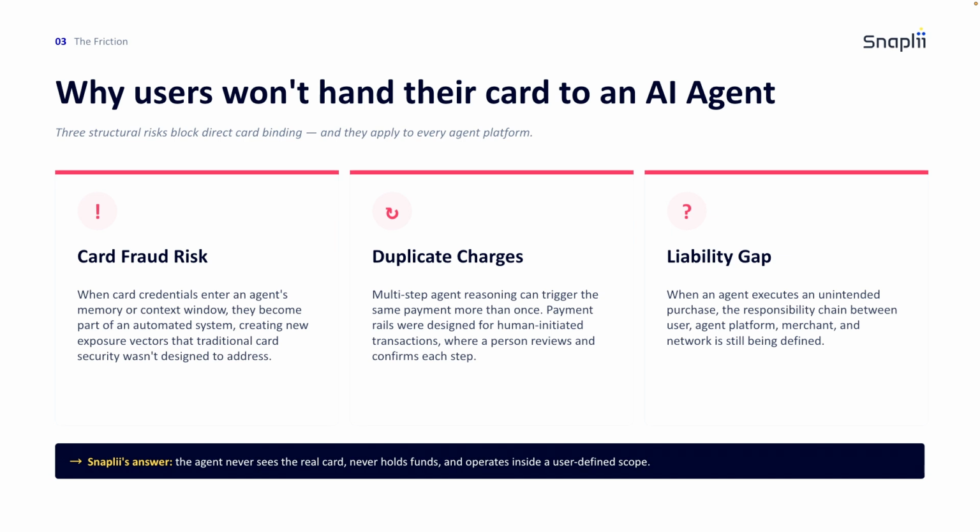Yesterday I talked to a founder building an agent to help people book air tickets, book hotels, and search for the lowest price. But the one thing he's missing is the payment method, the credit card. North American customers may have concerns about giving an agent their credit card because of card fraud risk and duplicate charges.